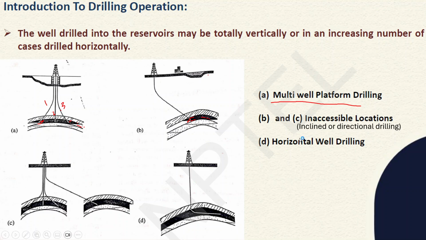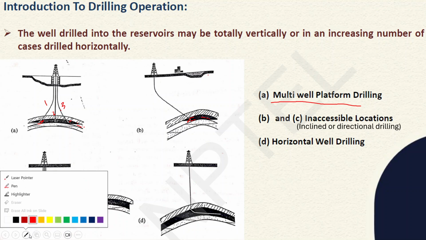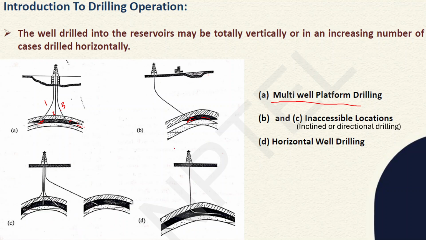We cannot dig a well or install all this machinery in mid city. So what is done? They install the drilling operation outside the city, and they dig an inclined well.